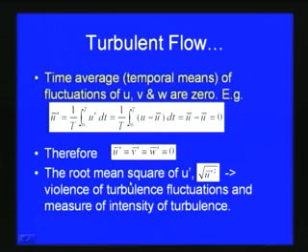Generally we express the root mean square, say square root of u dash bar square, which is used to describe the violence of turbulent fluctuations, and it is generally a measure of the intensity of turbulence. Due to various reasons, it is very difficult to express the real velocity fluctuations, so generally we express them as a root mean square component.